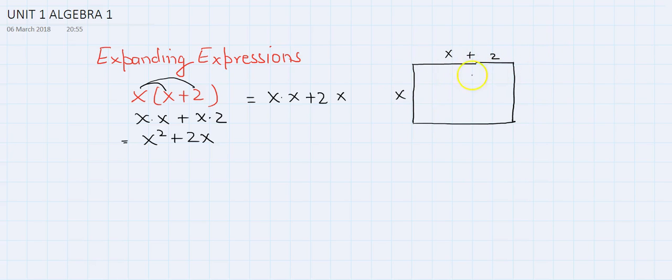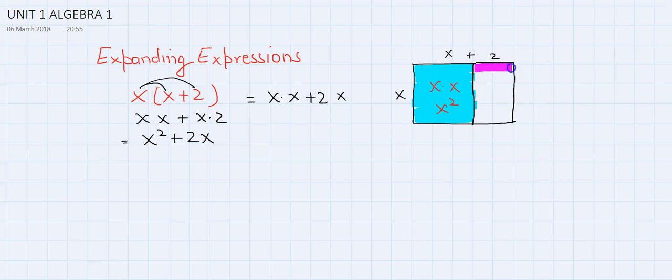So what we can see here is that this is x and this is x. So what we are getting is a square here, this area. You know that this area is x multiplied by x, so this is x square.